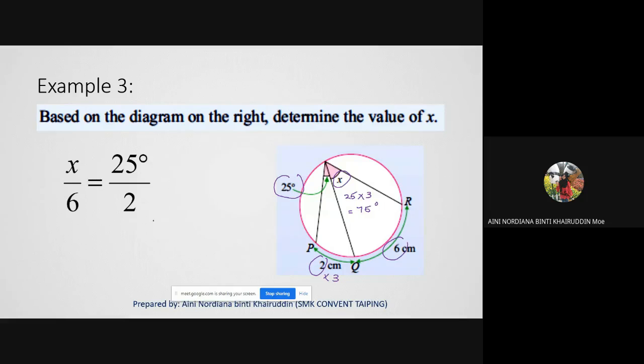Or you can use proportional method. X over 6 equals to 25 over 2. Then you do cross multiplication, you get the same answer.